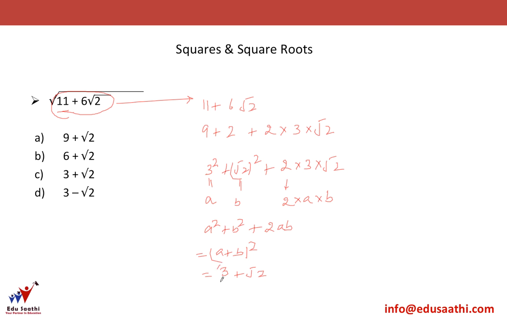So this becomes 3 plus root 2 square. So now my question reduces to the square root of this 3 plus root 2 square, which is nothing but 3 plus root 2, since this square and this square root will cancel out. So the answer is 3 plus root 2.